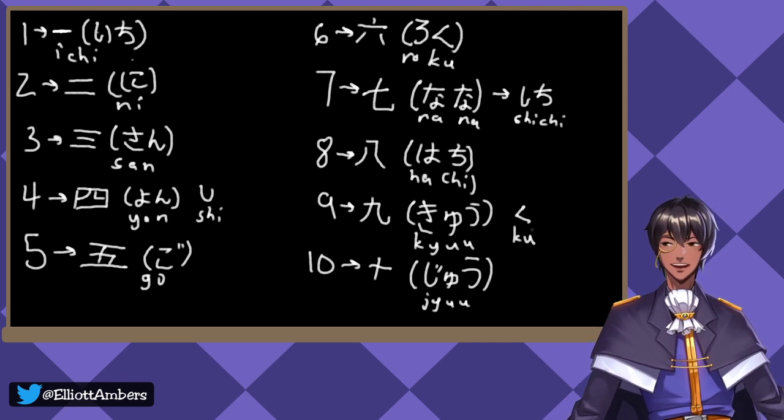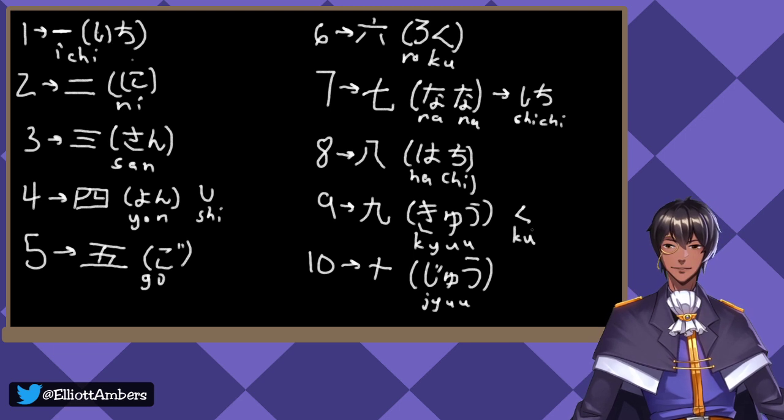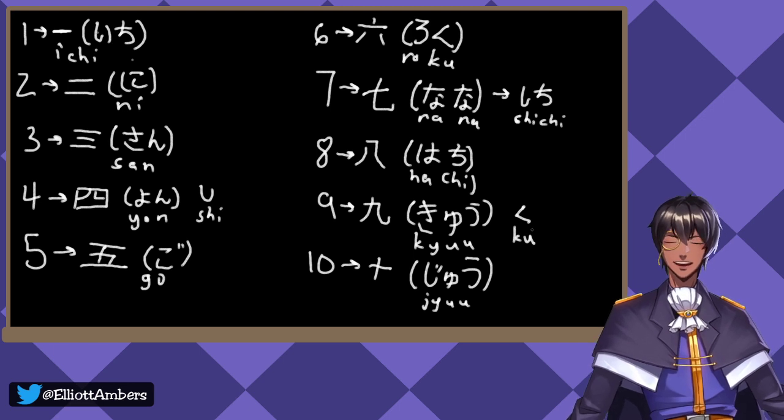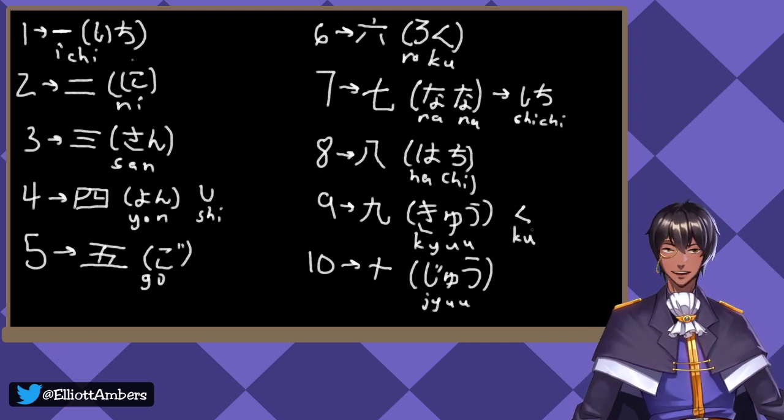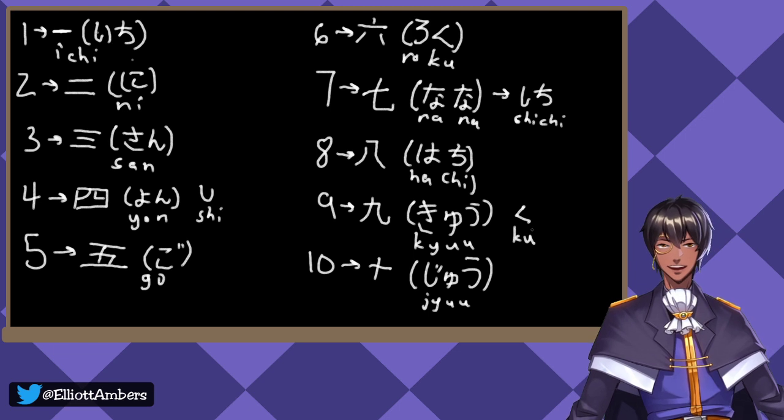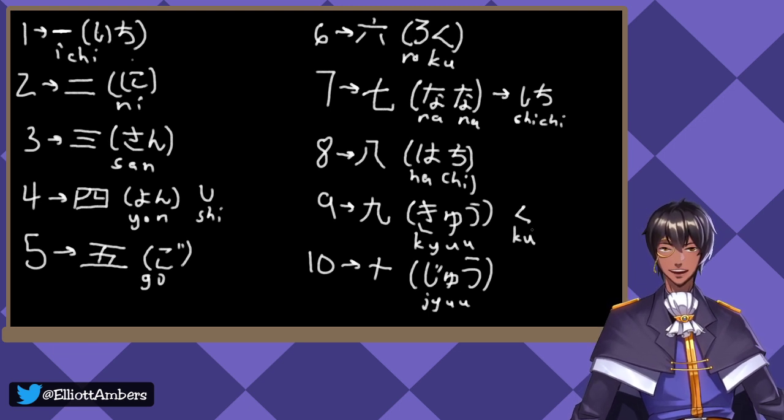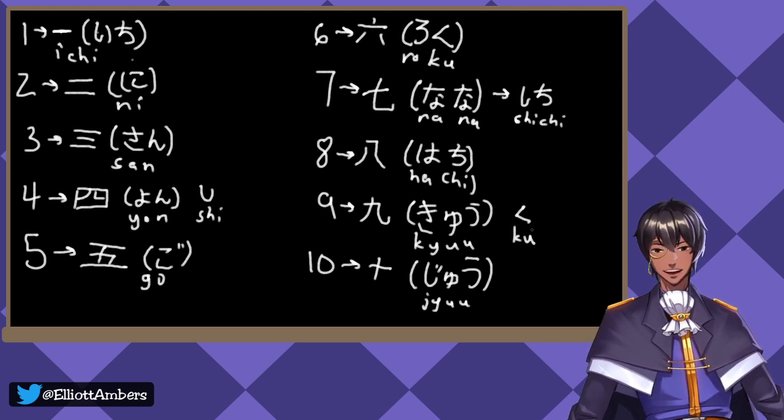Certain words, like numbering words, have really specific ways that we count them. Like when we talk about time, 1 o'clock is ichiji, 2 o'clock is niji, 3 o'clock is sanji, and then 4 o'clock is yoji.